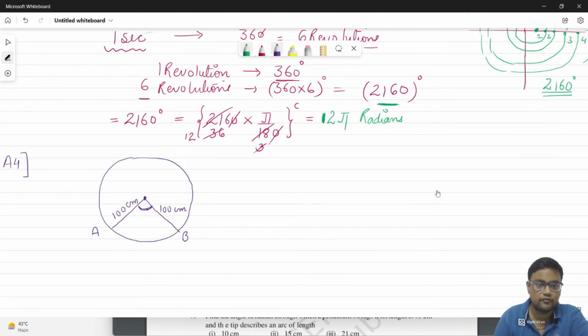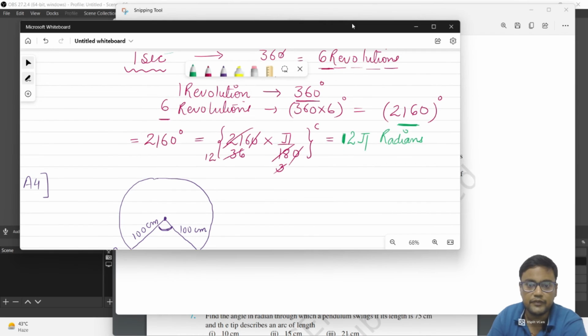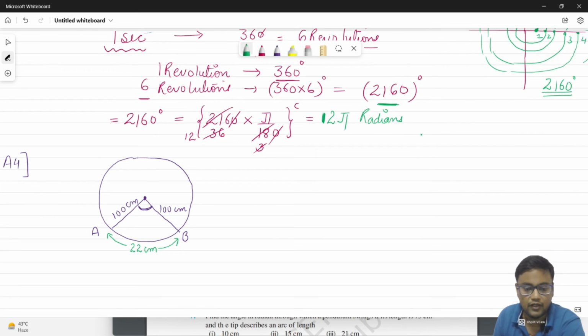So the length of this arc is 22 centimeters, we have to find the degree measure. See how we can do this.